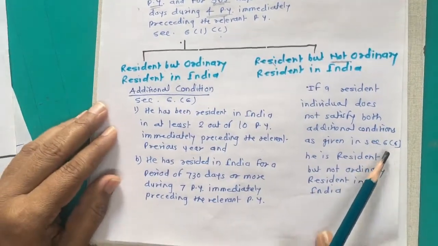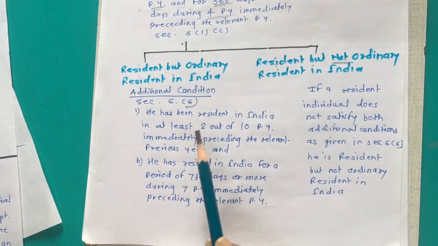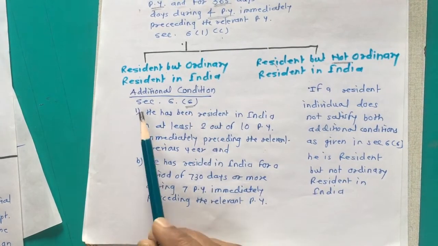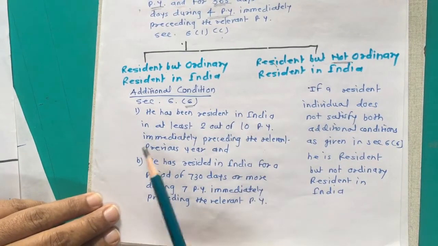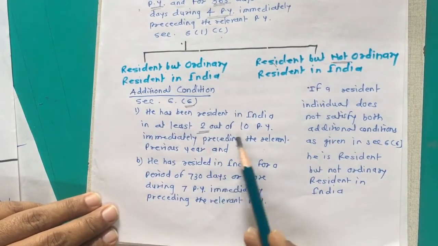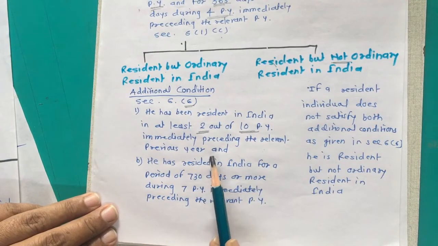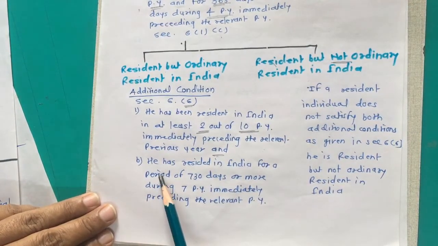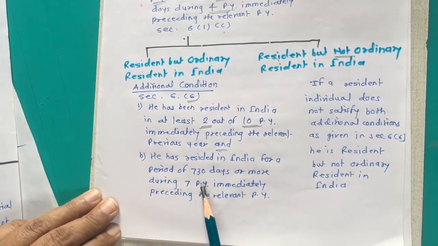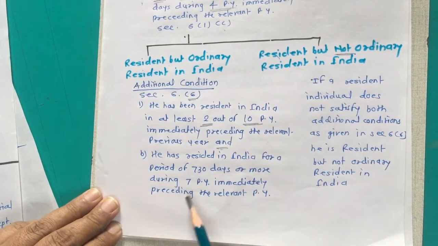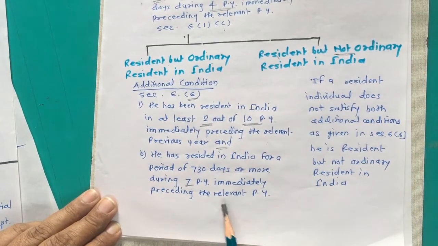Additional conditions must be satisfied as per section 6 subsection 6 of the Income Tax Act. The additional conditions are: first, he has been resident in India in at least 2 out of 10 years immediately preceding the relevant previous year, and second, he has resided in India for a period of 730 days or more during the 7 previous years immediately preceding the relevant previous year.